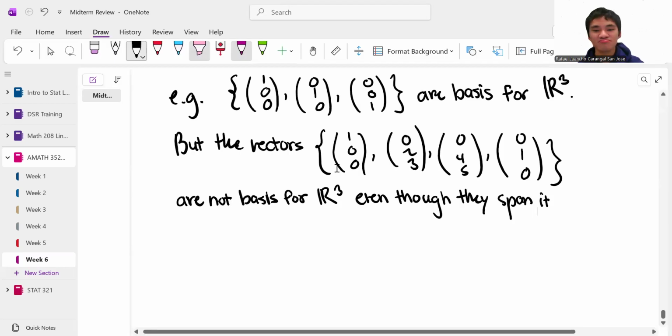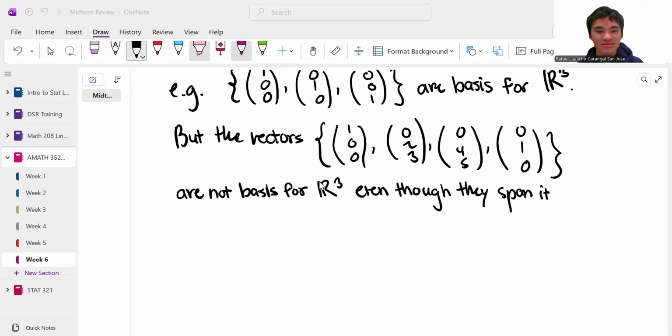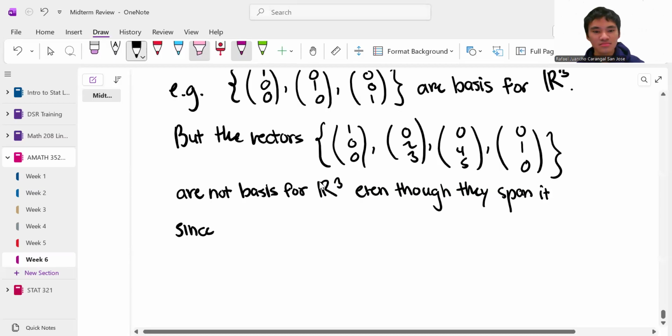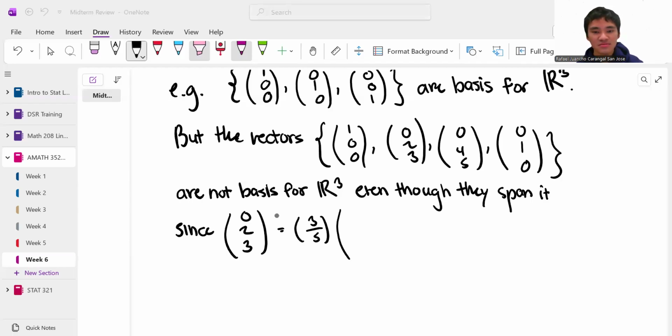So they would span R3. But they wouldn't be a basis. Oh, okay, so they're not independent. I see. Look at that. Apparently, one of the vectors, using the definition the lecture used, is actually a linear combination of two other ones.